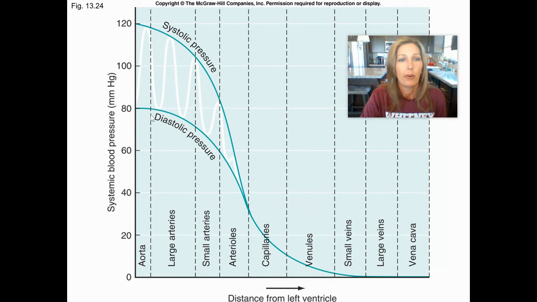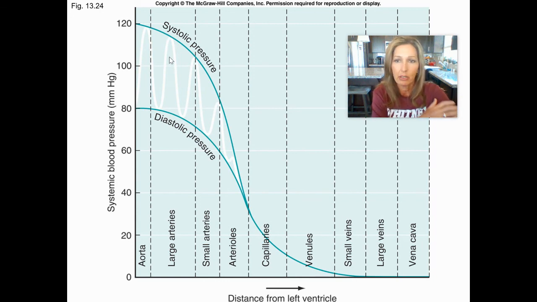Now, your blood pressure to be normal should always be less than 120 over 80. 120 over 80 used to be considered normal. This is actually now considered high normal now that we've done more long-term studies on what high blood pressure does to the body. We usually take blood pressure in your brachial artery.